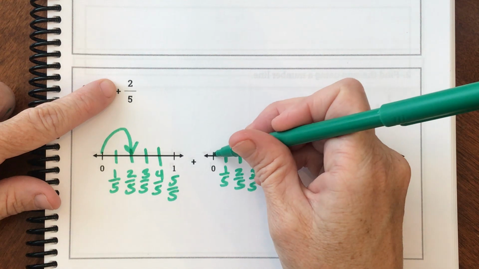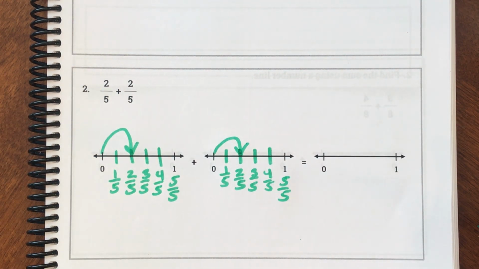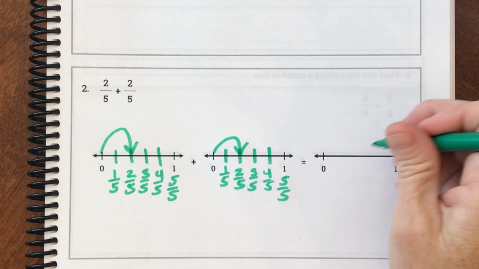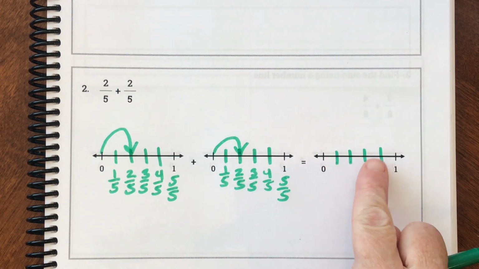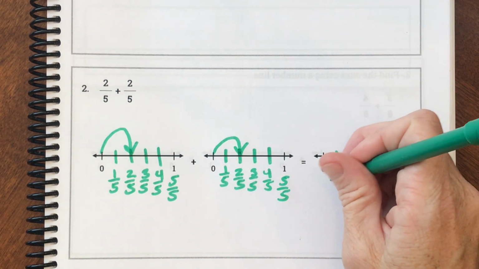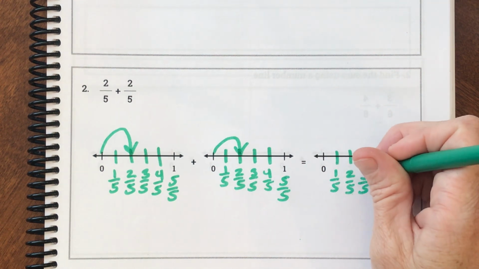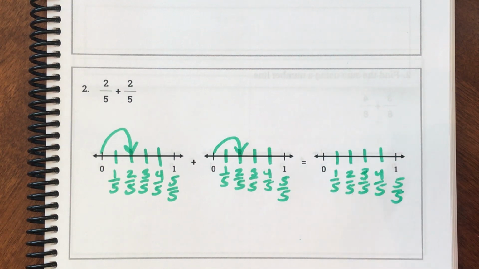So 2/5 would be, again, just jump 2 parts. Okay, so our answer is we're going to have to partition this into fifths. So 1, 2, 3, 4, 5 parts. 1/5, 2/5, 3/5, 4/5, and 1 is equal to 5/5.